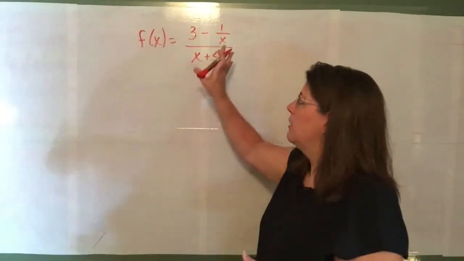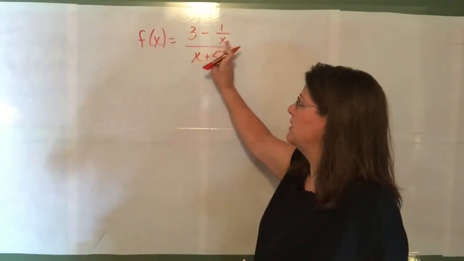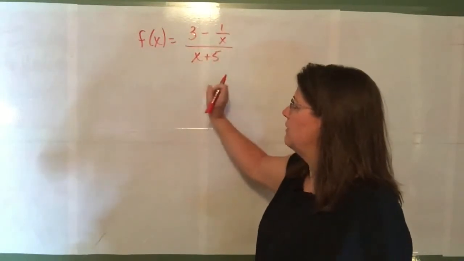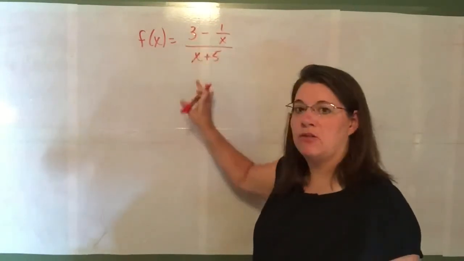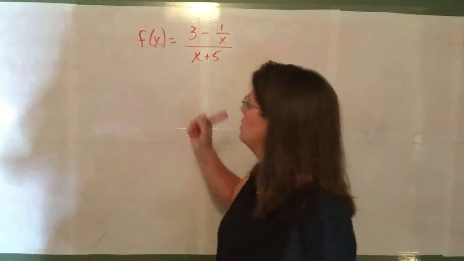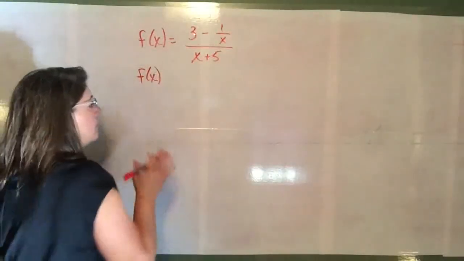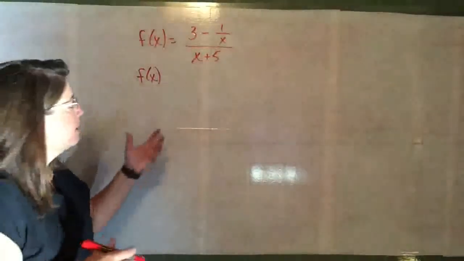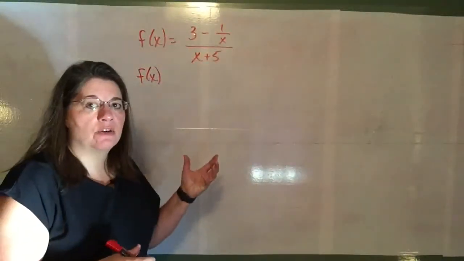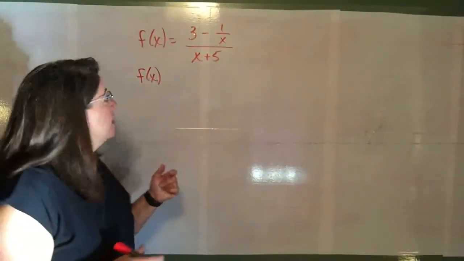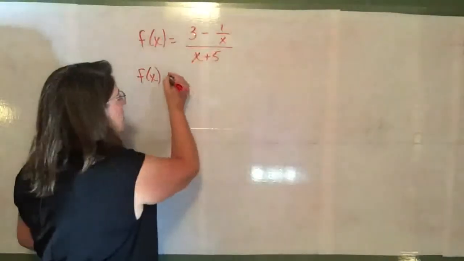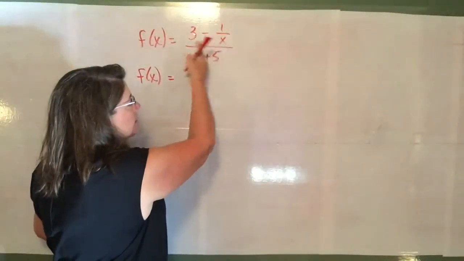So I'm going to rewrite this. I'm going to make this a fraction, and then I'm going to simplify these two, put them together. So if I do that, I'm still going to write this f of x because I'm not taking the derivative yet. So I don't write f prime of x until I start taking the derivative. And so if I do this, this has an x, this needs an x.